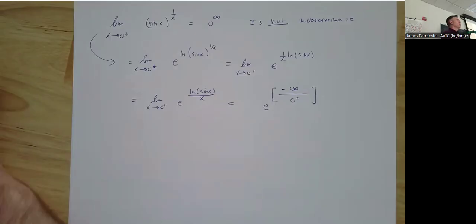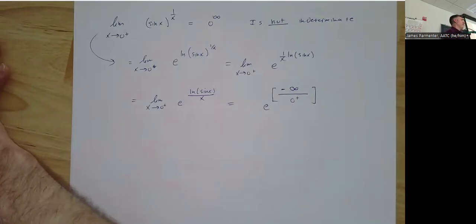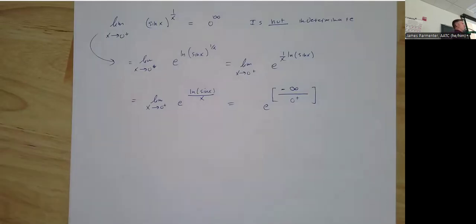If you have a super large negative number divided by a super small positive number, what kind of thing do you have? Negative or positive? Negative. Is it really big or really close to 0? Really negatively big.